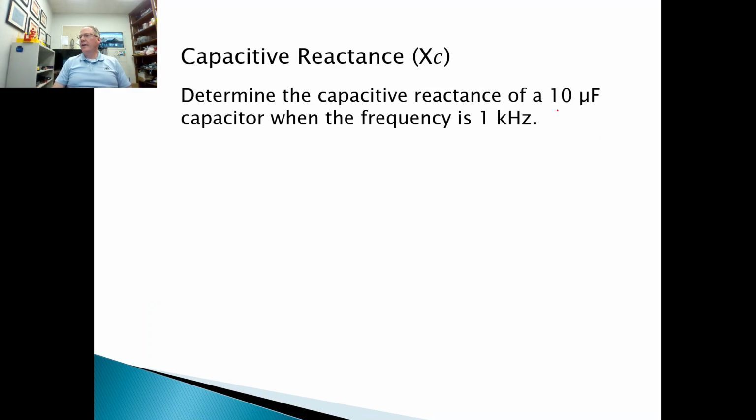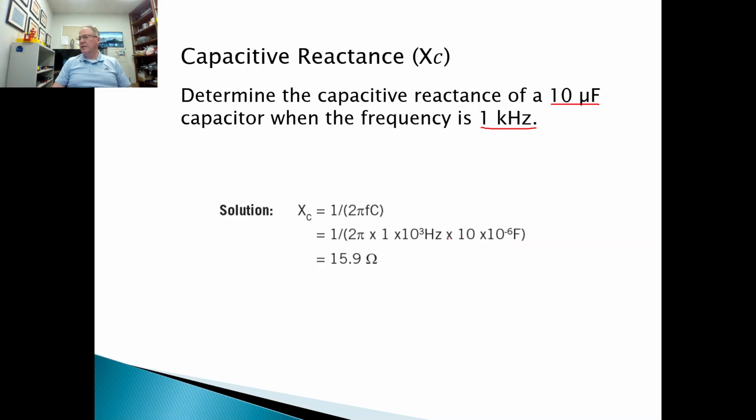So if we have a 10 microfarad capacitor and a frequency of 1 kilohertz, X of C equals 1 over 2 pi times the frequency times the capacitance. So 1 over 2 pi times 1 kilohertz times 10 to the negative 6 farads, you get 15.9 ohms.